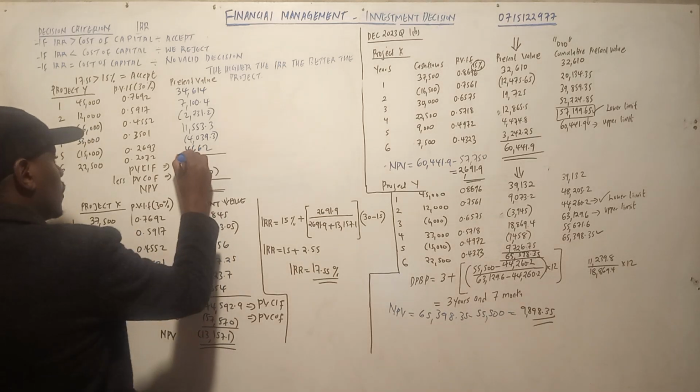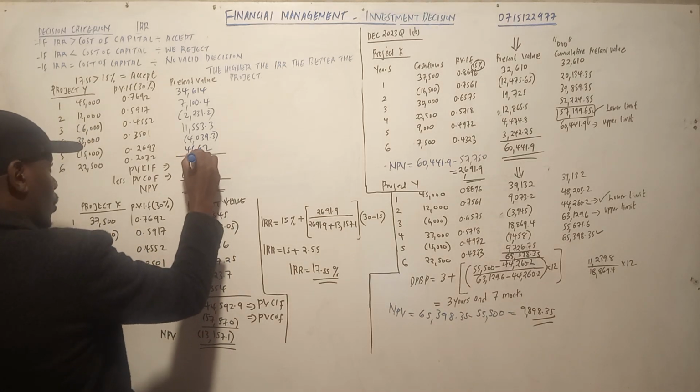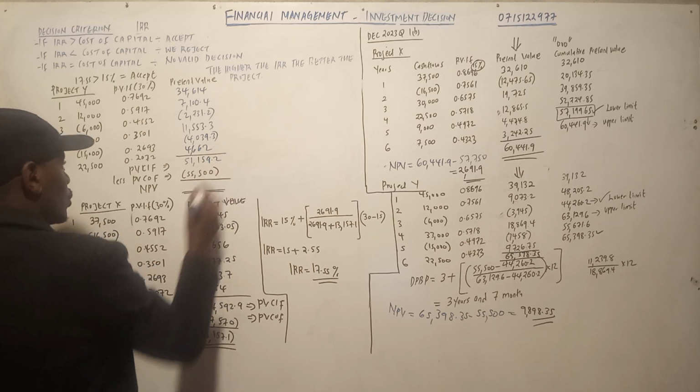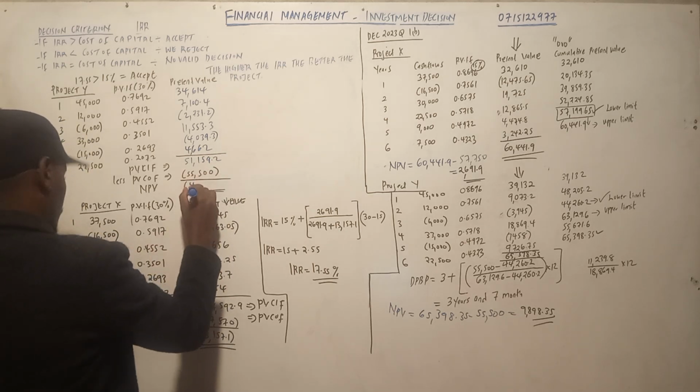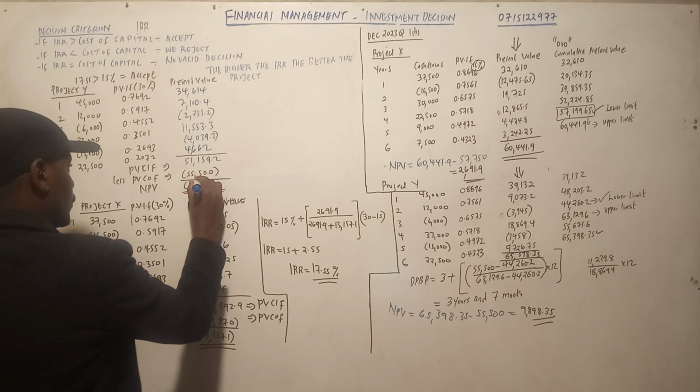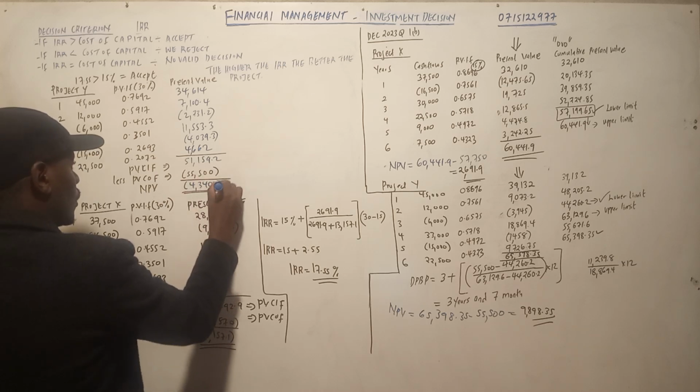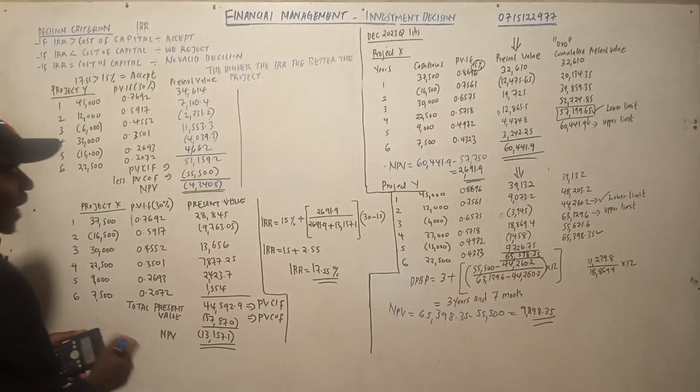We get 159.2. So minus 55500, which gives minus 4340. So we have obtained a negative NPV.